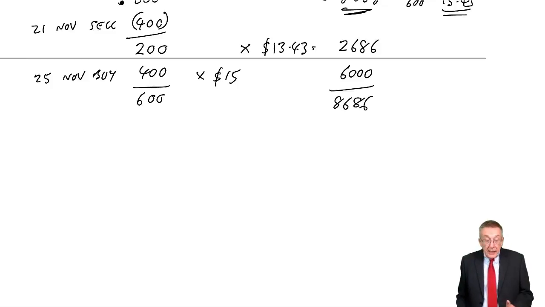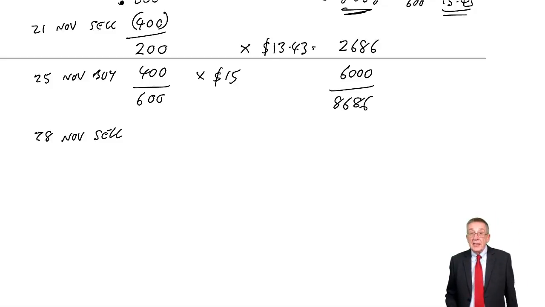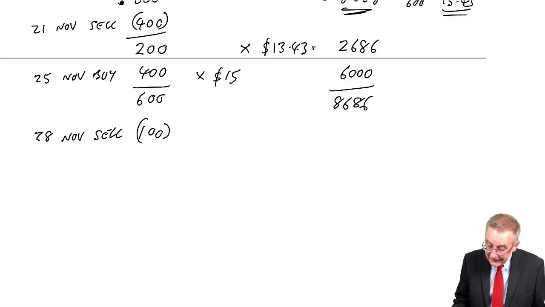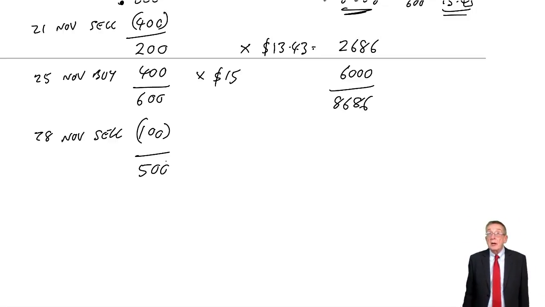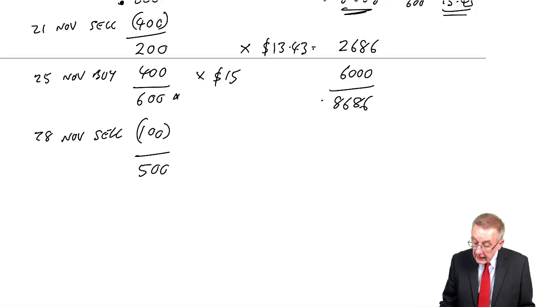However, finally, 28th of November, we sold some. And it's when you sell, we need to do these workings. We sell 100 with 500 left, which, if you remember, we already knew there were 500 left. But how are we going to value them? Well, they were part of the 600 we had, which had a value of 8,686.